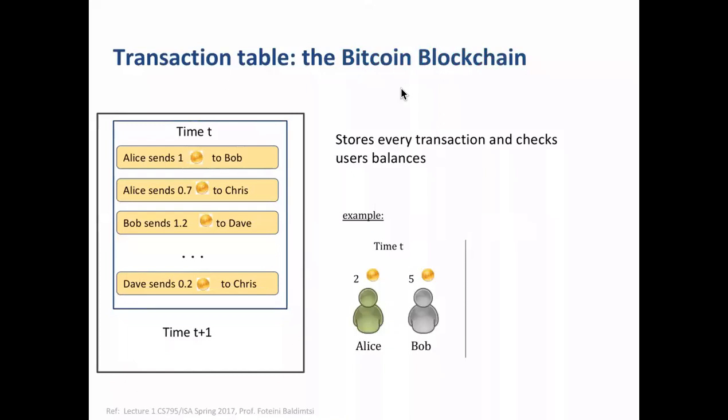You can see a particular public key or identity, where that identity has got money and where it's spent.